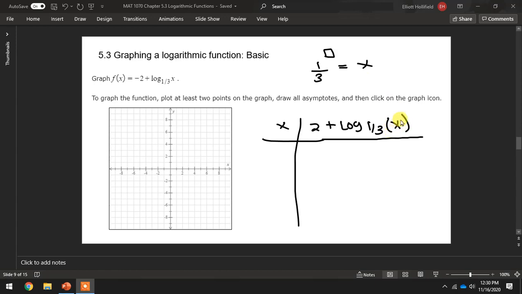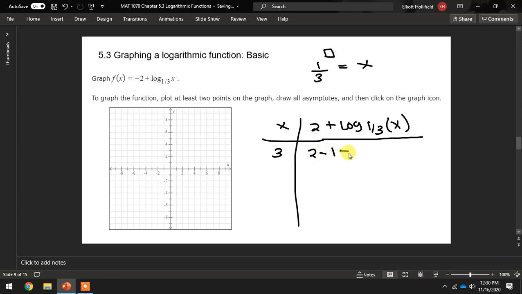So if I put a 3 here for x, then this blank must be -1. So let's plug in 3. Then 3 is equal to 1/3 raised to what power? That must be -1. So this gives us 2 minus 1, which gives us 1.